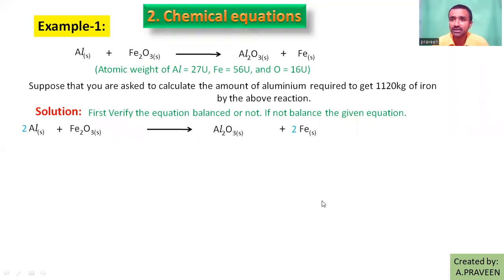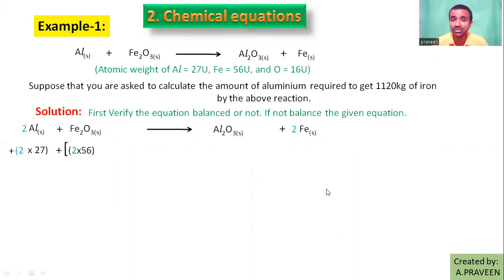the simple thing is to find the atomic weights according to your balanced chemical equation. So 2 into aluminium, atomic weight 27 is given in the question. Plus, is there any coefficient before iron oxide? Nothing, so 1 is the coefficient, nothing to write. Then 2 is the subscript of iron. Iron is 56, so 2 into 56.